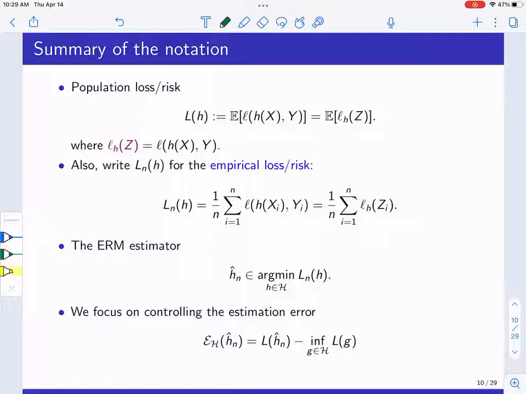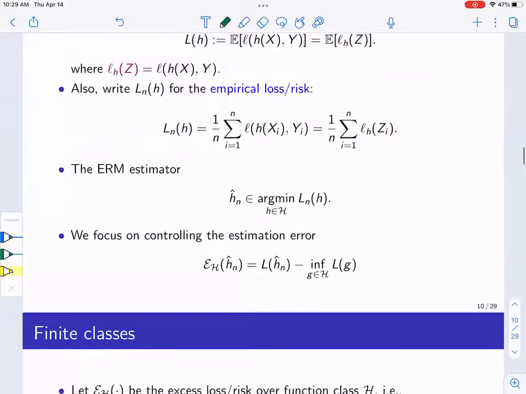And then I'm going to look at the empirical loss, with the notation written like this. And then the ERM estimator just minimizes this over class H. And you want to control the estimation error, which is the loss of this minus the best in class.